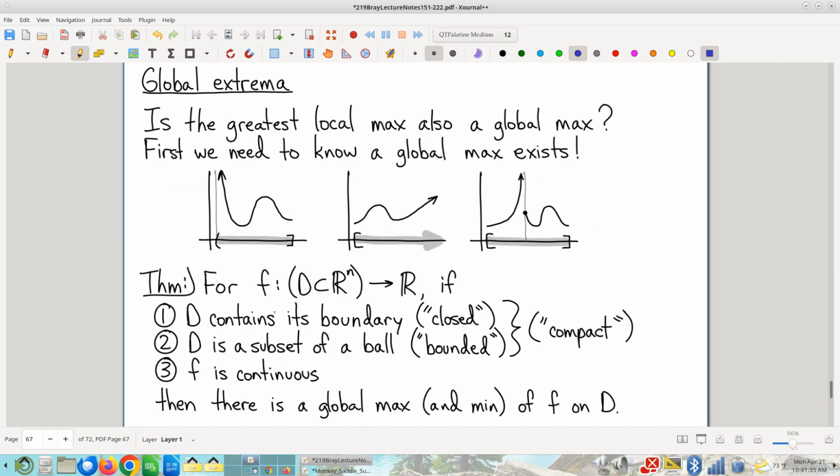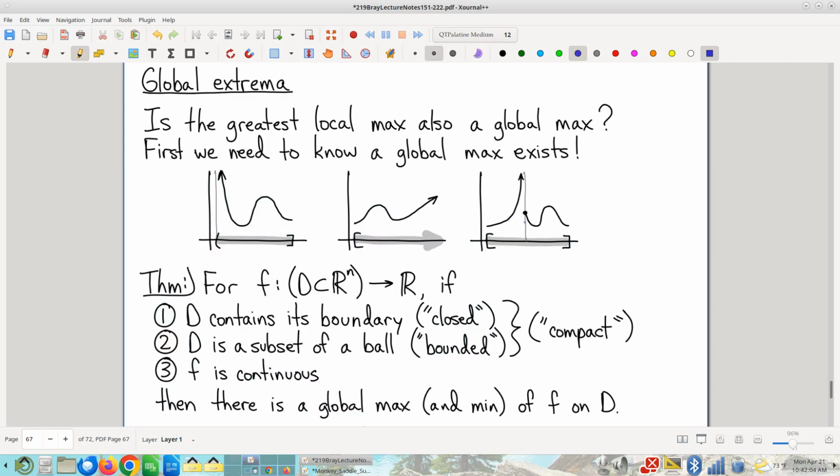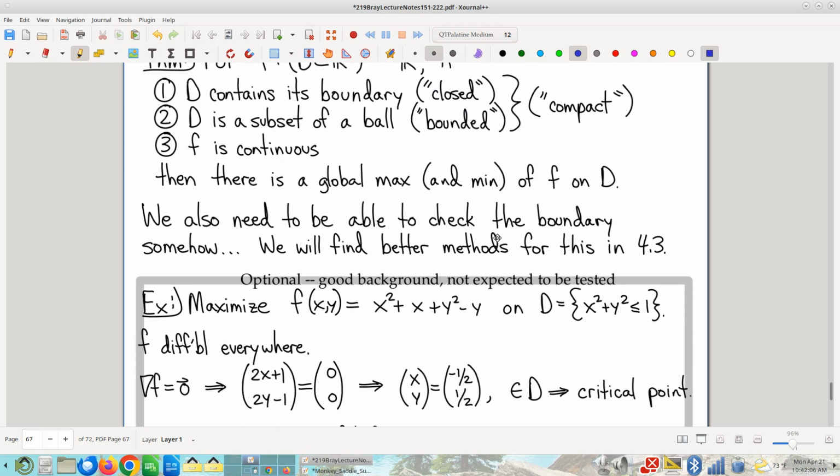If you have these three conditions here, if the domain is closed and bounded, and if the function in question is continuous, if none of these three things happens, in other words, then there is a global max to be found somewhere in that domain. No funny business. Okay. All right. Good thing to know. Good to know when you're not on a wild goose chase.